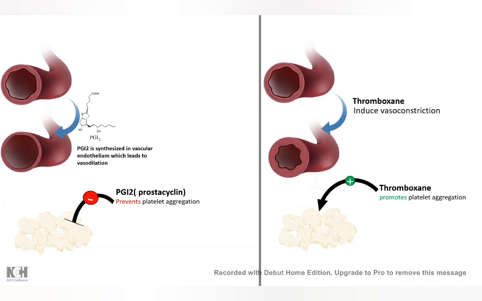So these two prostaglandins have different and opposing functions. Prostaglandin I2, commonly known as prostacyclin, prevents platelet aggregation, whereas thromboxane promotes platelet aggregation. So we can see several prostaglandin types have different and opposing functions, which are both important in terms of physiology.